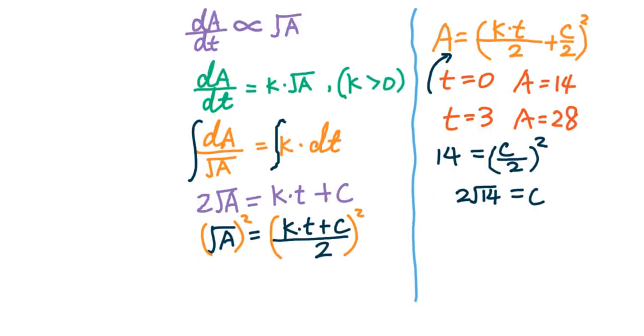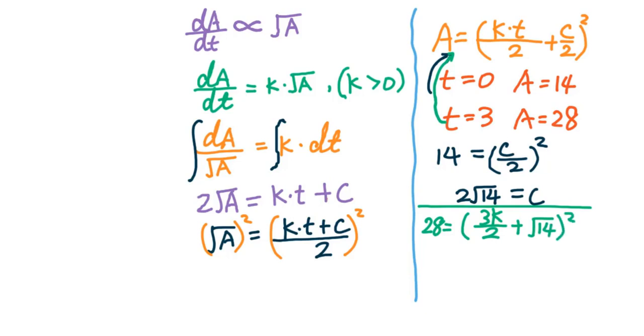We substitute this into the function: 28 equals, now t equals 3, so (3k over 2 plus square root of 14) squared.